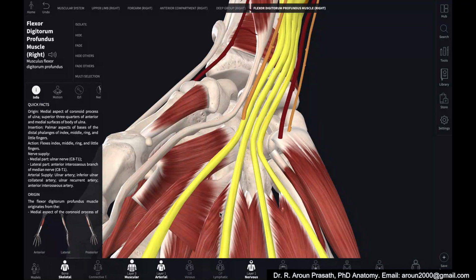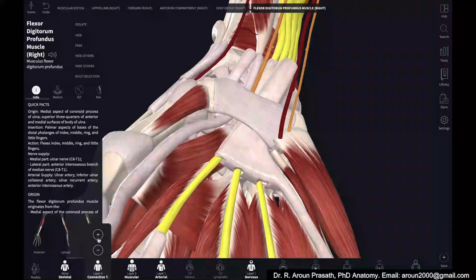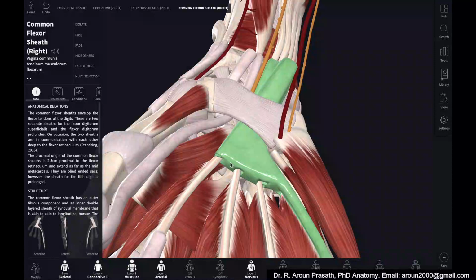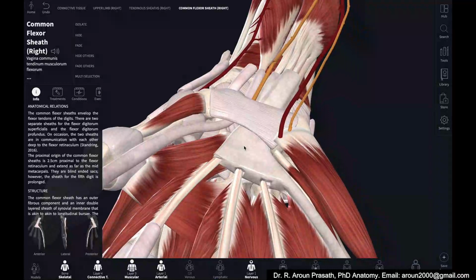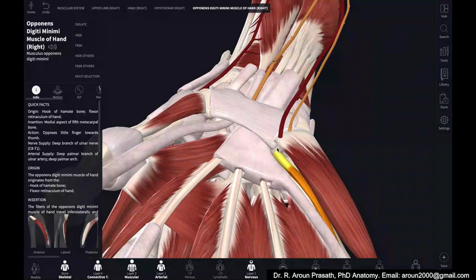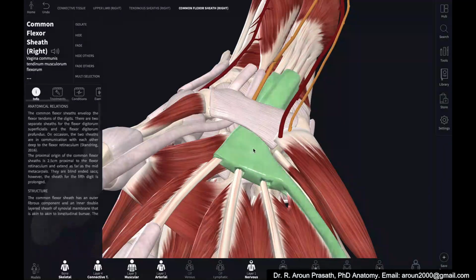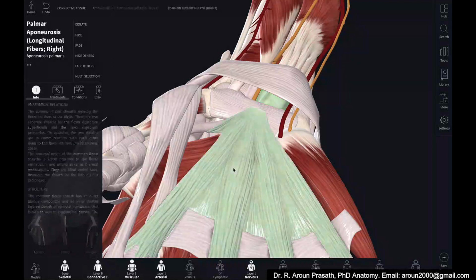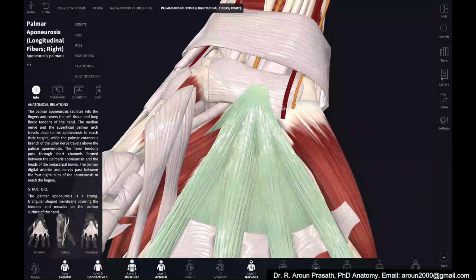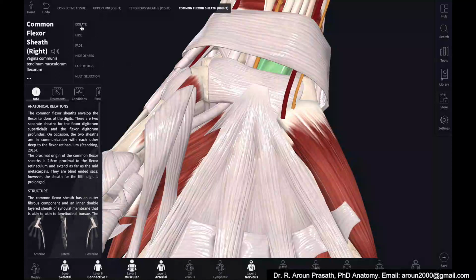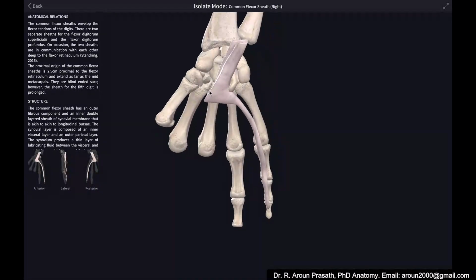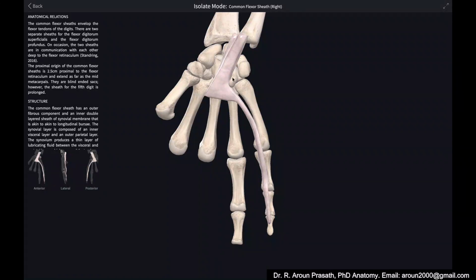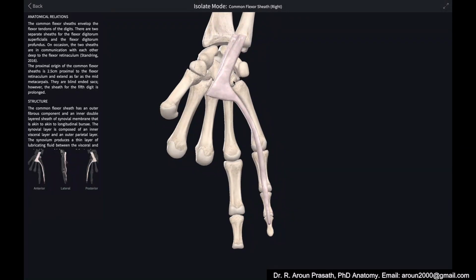One thing I want to show you is this aponeurosis. This is the hook of the hamate, this is the palmar aponeurosis, and this is the tenosynovium. So what happens when a person falls on an outstretched hand and lands on the hook of the hamate?